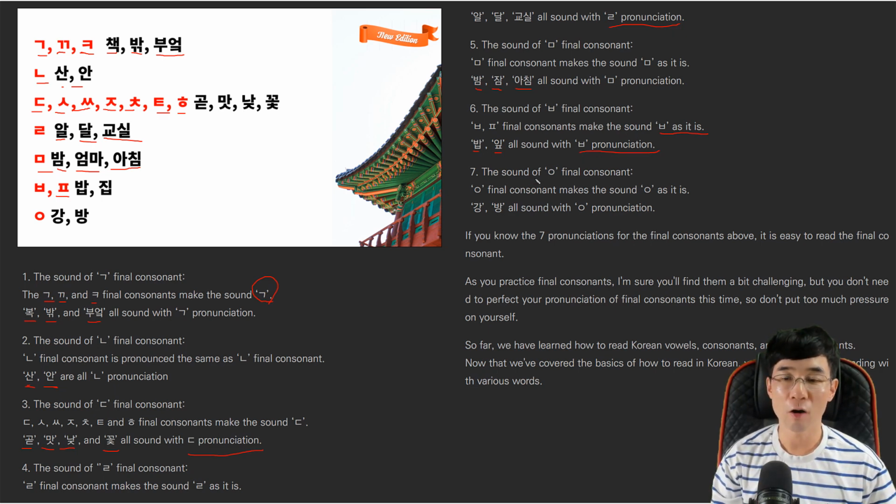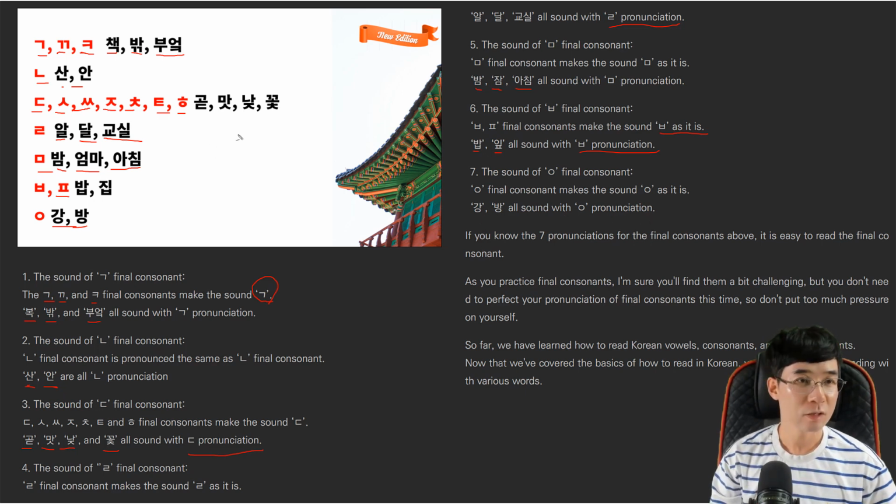Number 7, the sound of 이응 final consonant. 강, river, 방, room. 이응 final consonant makes the sound 이응 as it is. 강, 방 all sound with 이응 pronunciation.